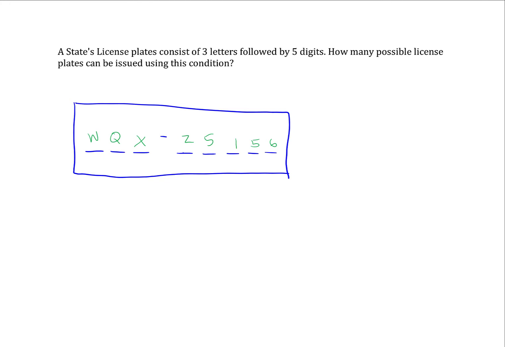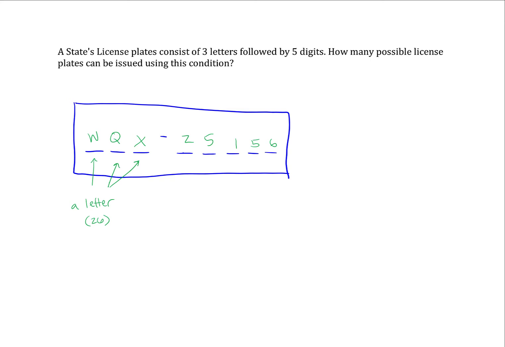And the conditions are, this first item is a letter. And that's a group of items to pick from. So we have 26 items in that group that we can pick out of. Same thing for the second and the third. These are all letters. And so there's 26 items in that group that we can choose from. In this particular case, I chose the W for my first one.